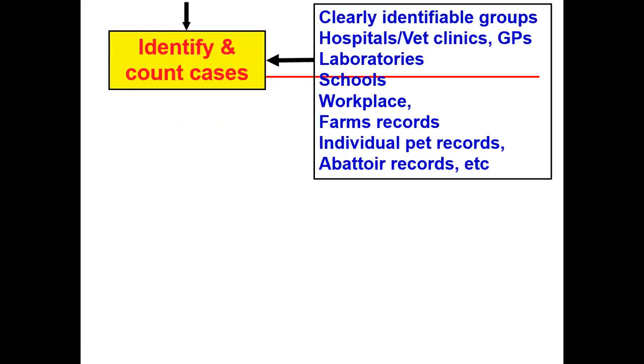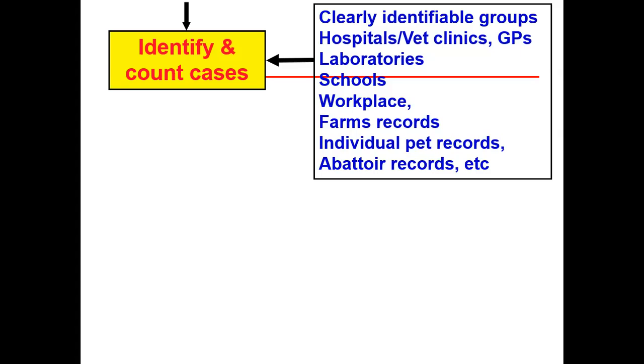So we've talked about verifying and confirming that there is an epidemic or an outbreak, and having a case definition. The next thing is to count cases. Identifying and counting of cases usually occurs through active surveillance or a combination of passive and active surveillance.